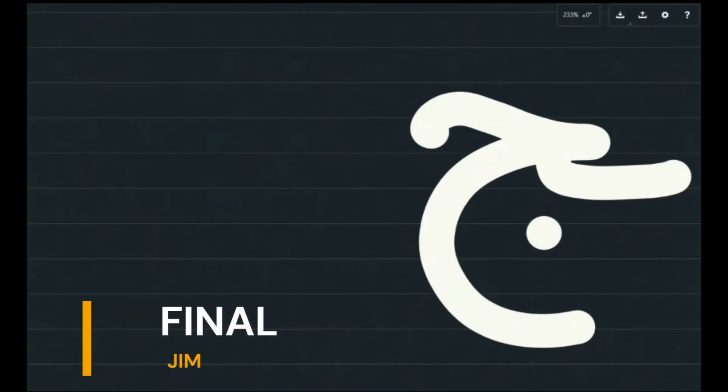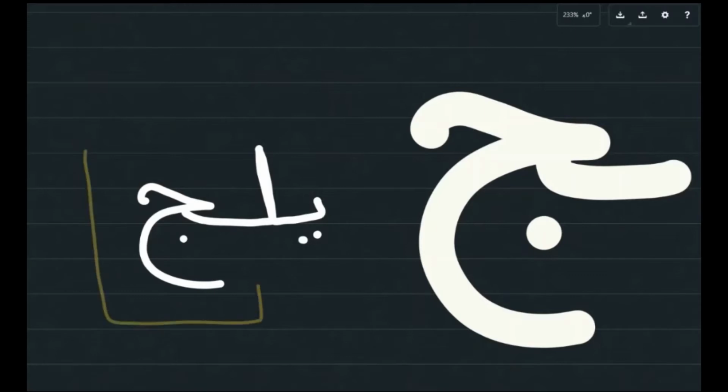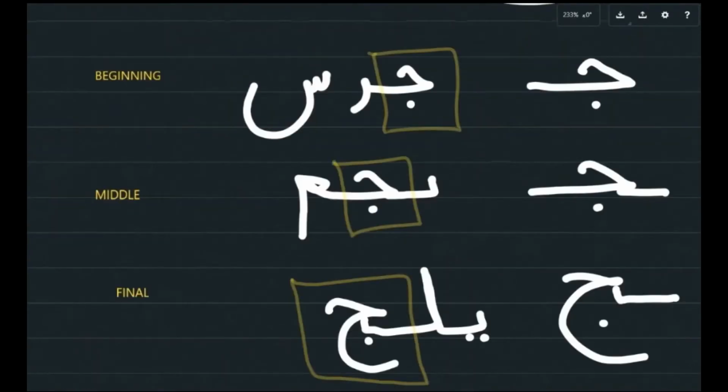This is the example of Jim in the final form. Beginning, middle, and final form of letter Jim.